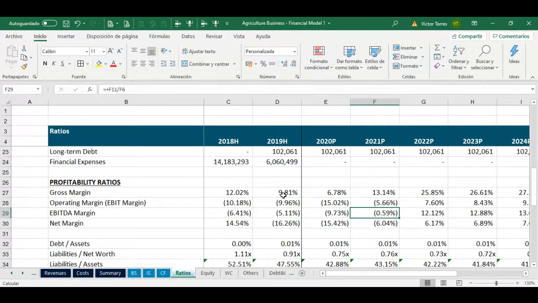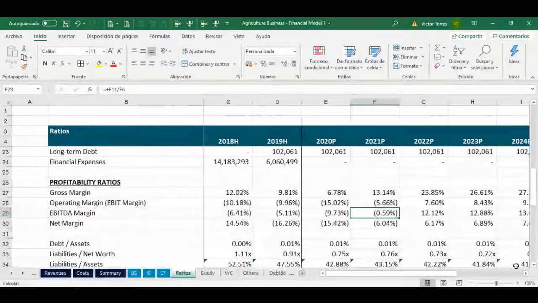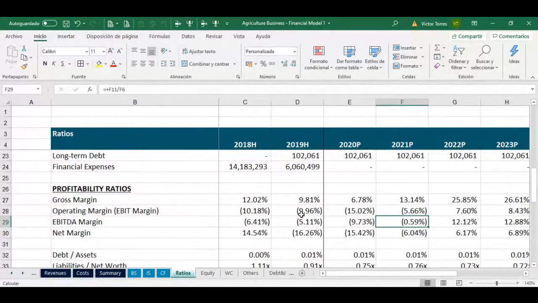Logically, we try to calculate the EBITDA margin because we realize that depreciation of fixed assets and amortization of intangible assets is not cash based. EBITDA margin is a better estimation of the profitability that you are generating than the operating margin as a whole.